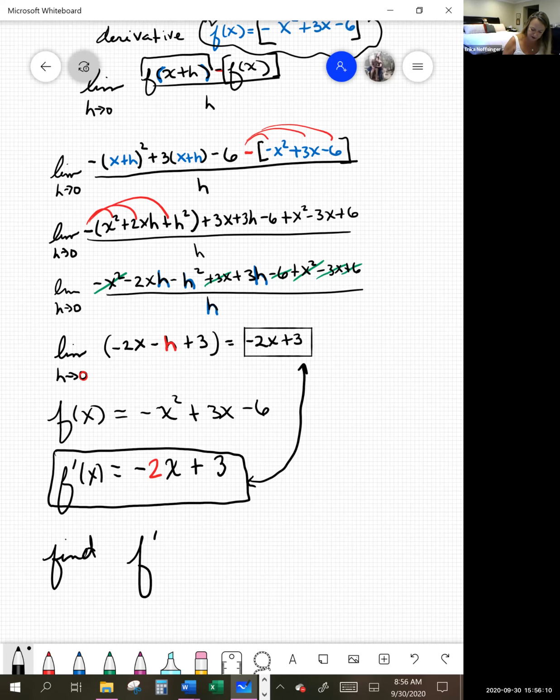So f prime of 1. Wherever you see an x, you're going to plug in 1. So we have negative 2 times 1, which is negative 2. Negative 2 plus 3 is 1.